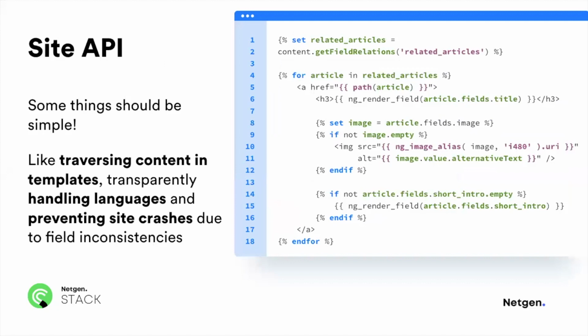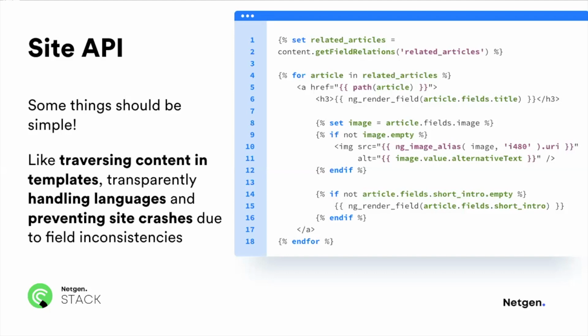The second major thing for the stack is what we call the Site API for Easy Platform. The whole idea behind Site API is just developer productivity and making things simpler. On the right side, even if you are not a developer, you might understand what's happening there. It's about getting your related articles and then going through each of them and rendering the link, the title, and the image.